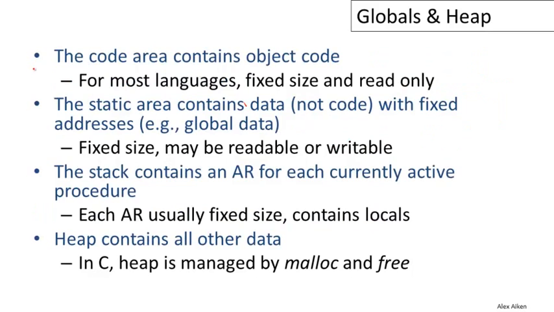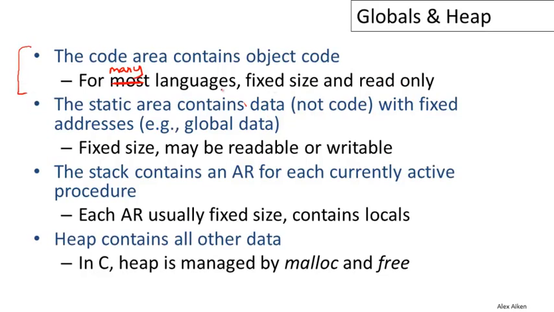At this point, we can summarize the different kinds of data that a language implementation has to deal with. First, there is the code. And in many languages, I shouldn't say most, in many languages, the code is a fixed size and read-only. That means that the compiler creates all the code that will be used in the execution of the program, and that can be allocated once.